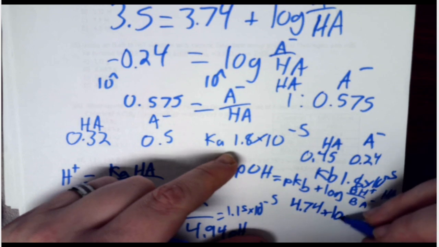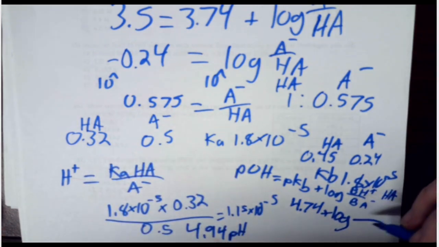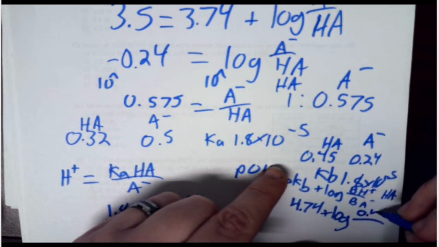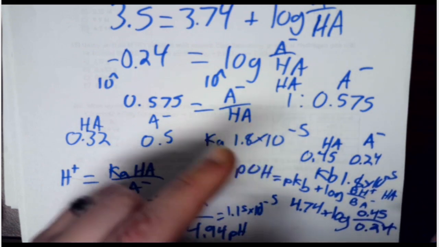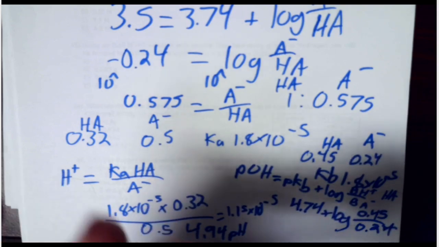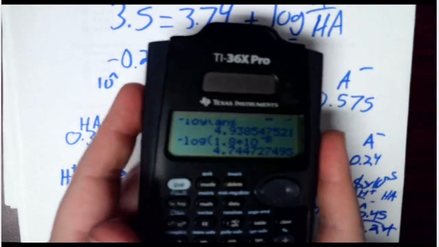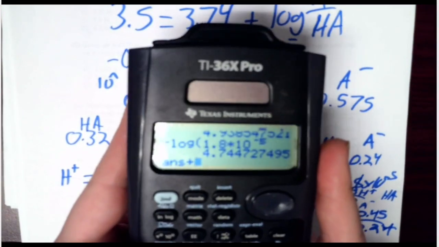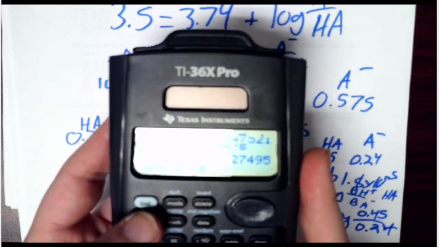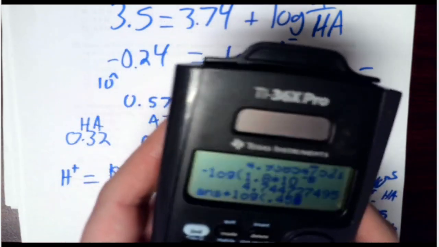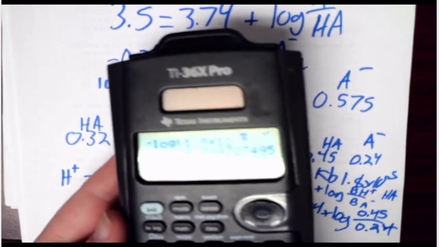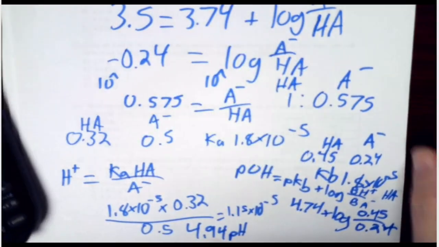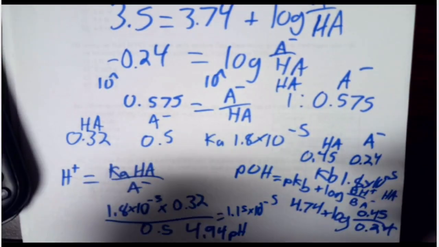Plus log of, well, we have slightly more acid than we have base. So we're going to add the 4.74 plus the log of 0.45 over 0.24, and we get 5.01. That's our pOH.